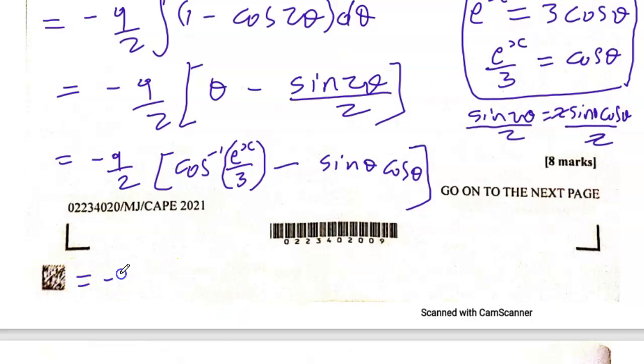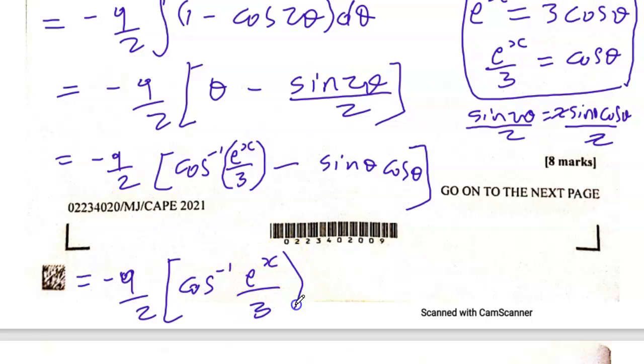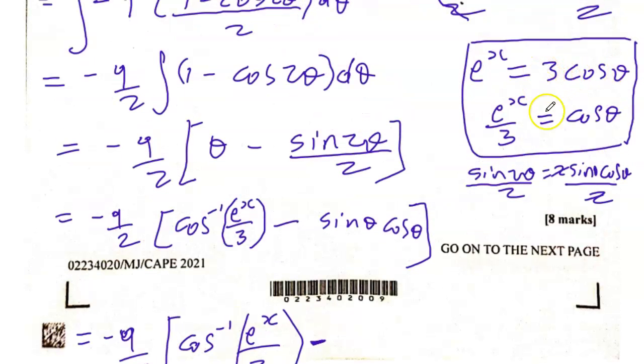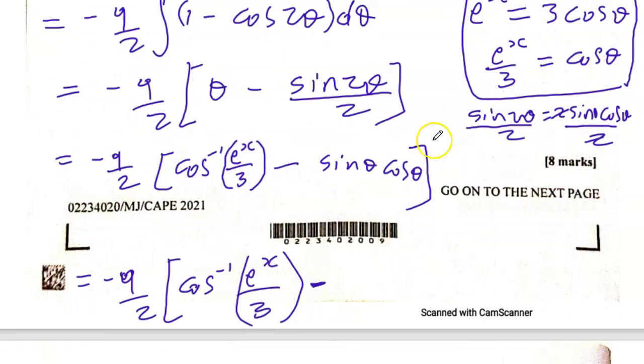So this becomes minus 9 over 2 times cos inverse e to the x over 3 minus sine theta cos theta. Now we know cos theta is e to the x over 3. So the cos theta part here is e to the x over 3. Now what's the sine theta?